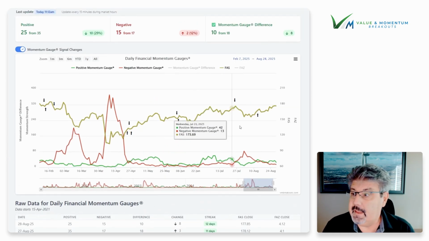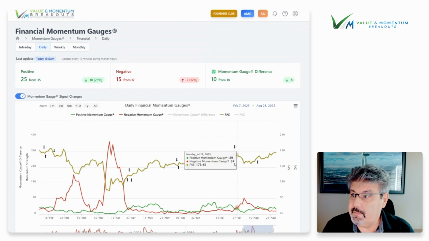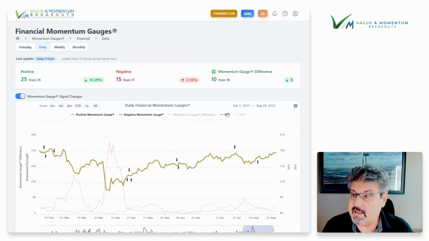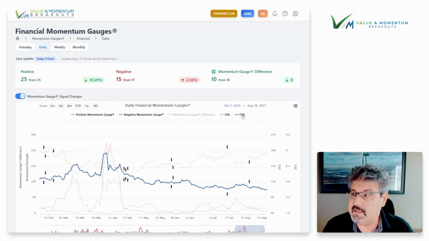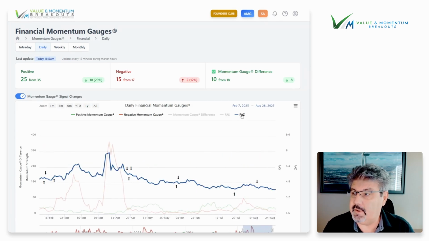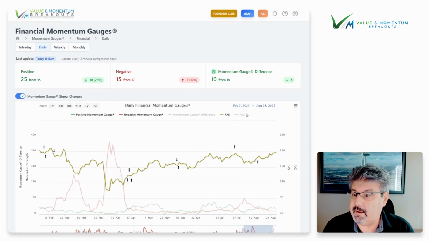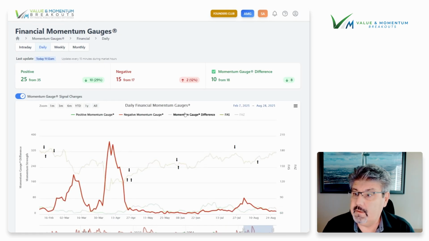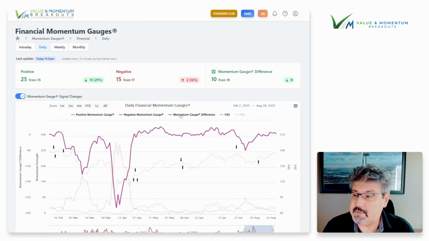And we're also using this yellow line is FAS, which is the bull fund for financials, and this FAZ is the bear fund. And so you can click on either one of those and see how it's going, or you can remove them. It also gives you the option to show the momentum gauge differences, like between the two positive and negative indicators.